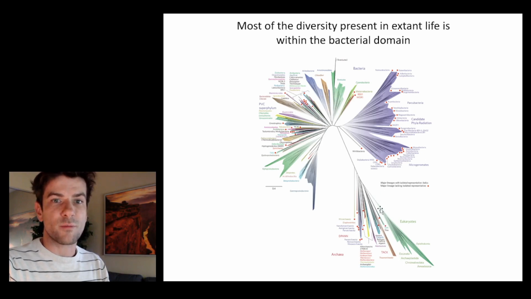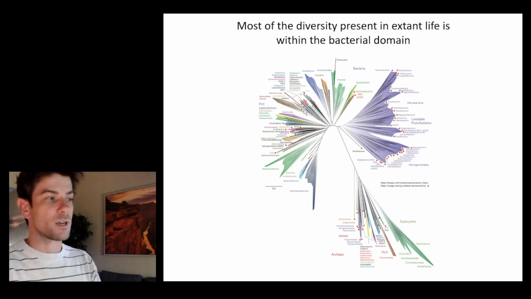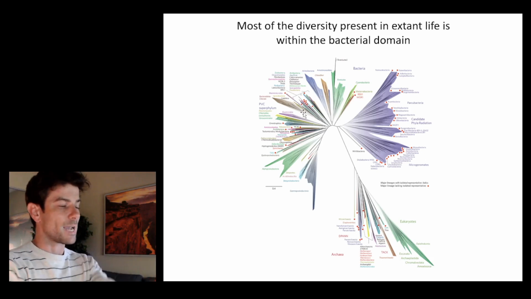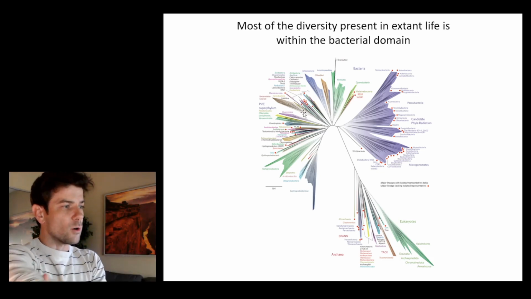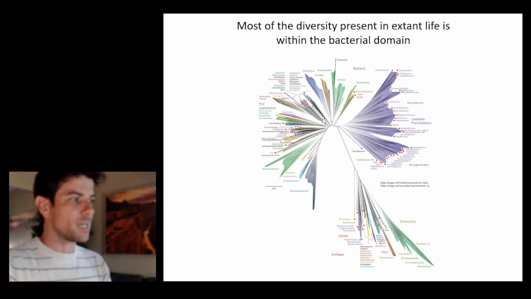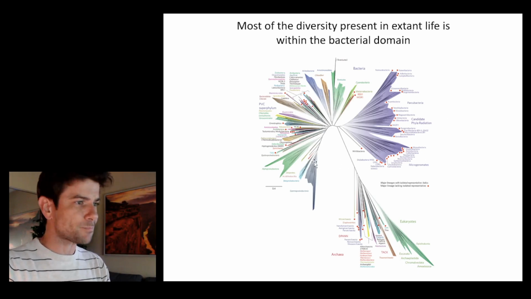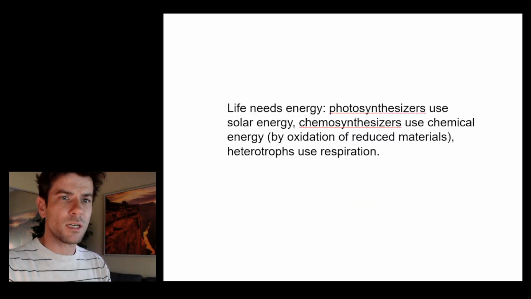And so there are three domains of life: bacteria, archaea, and eukaryotes. We're eukaryotes, and this is a fairly recent division. And it wasn't until I think the 90s when Carl Woese really proposed this, really figured out through DNA that things are more or less divided up this way.